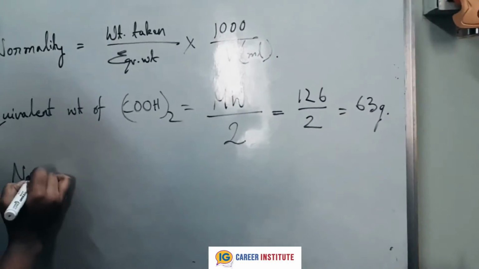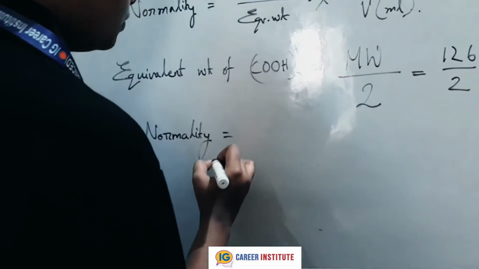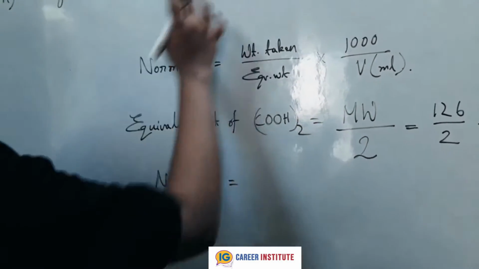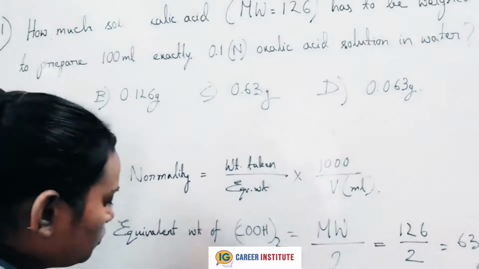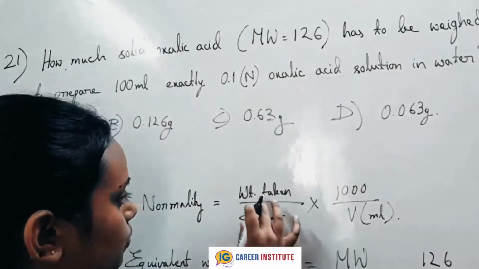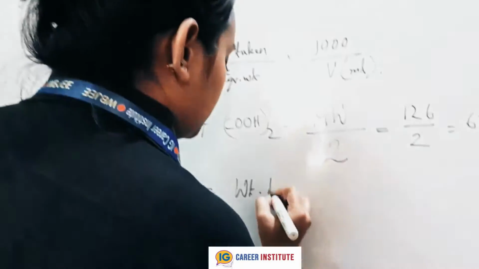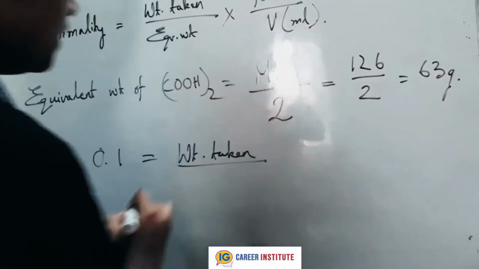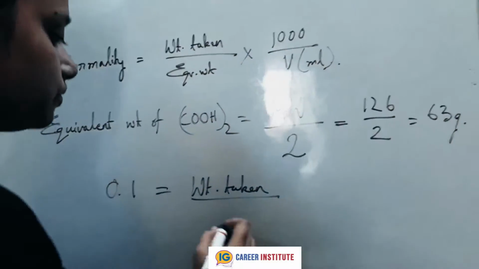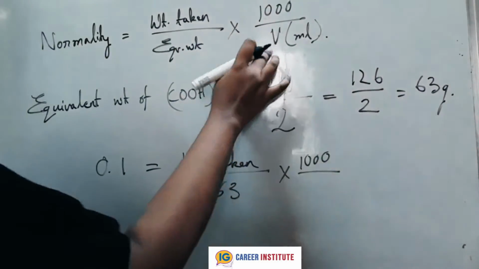Now there is nothing to do. We just have to put the values in their respective places. So normality is given, so let's put the value of normality there, 0.1. That equals weight taken. How much weight is taken? That we have to calculate. So in the denominator, equivalent weight 63 gram, into 1000 divided by volume.